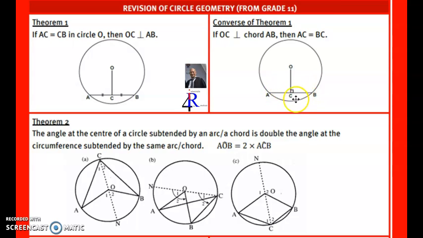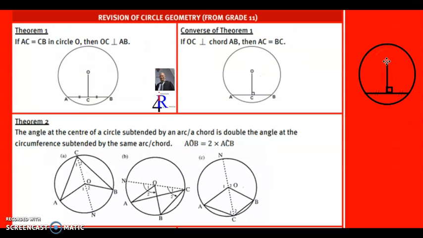Then there's a rider from these two. If a line meets a chord at 90 degrees and it bisects the chord, then that line passes through the center of the circle.